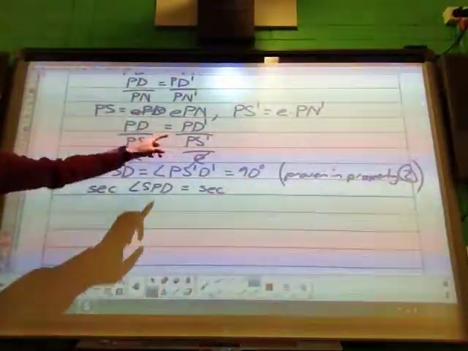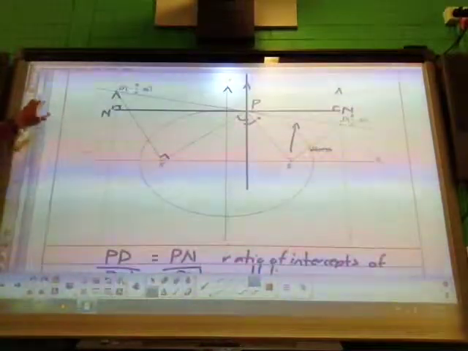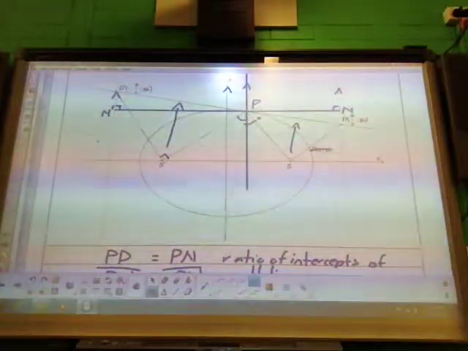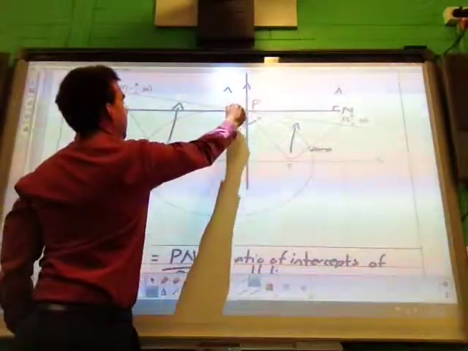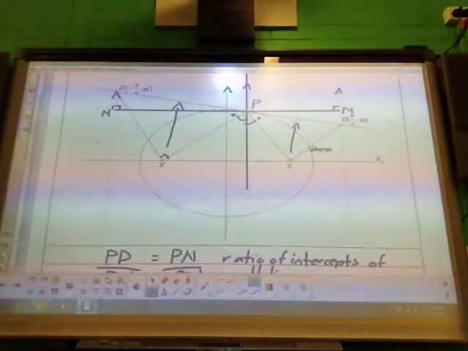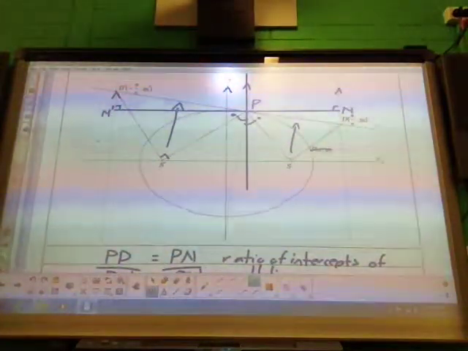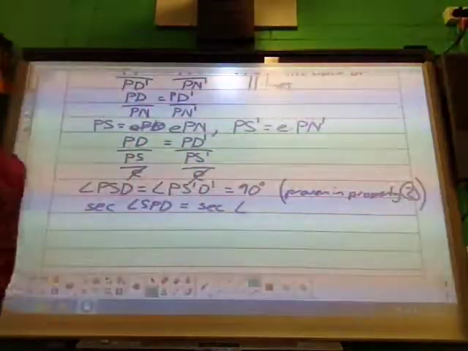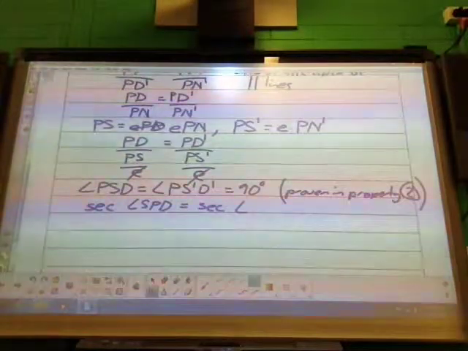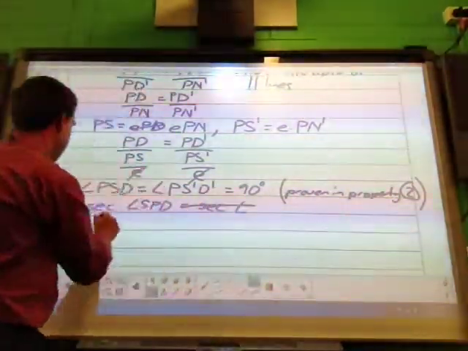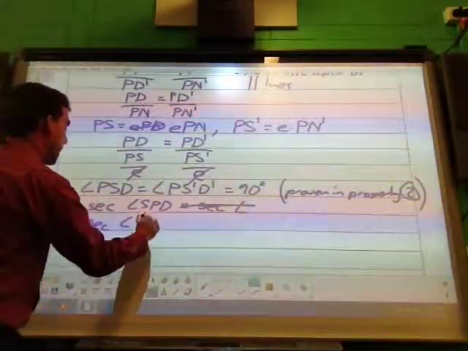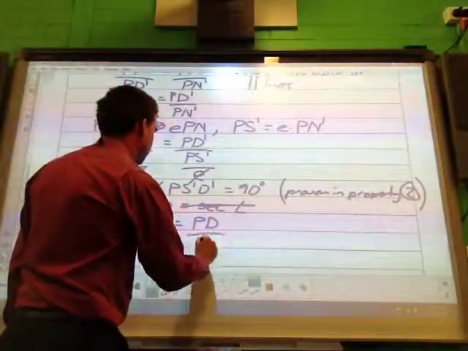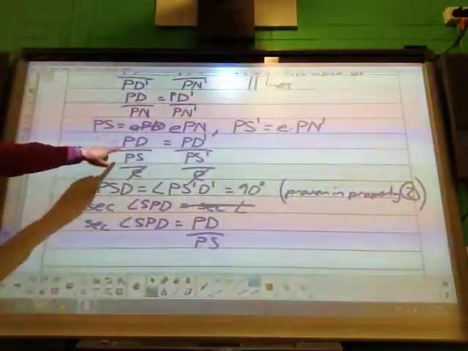And again, PD prime, PS prime. So PD prime, which is of course the hypotenuse of that triangle, and the angle, this angle here, will make this one the adjacent, over PS prime. Let's go back one step. So sec of angle SPD is PD over PS, which is that part of the fraction.